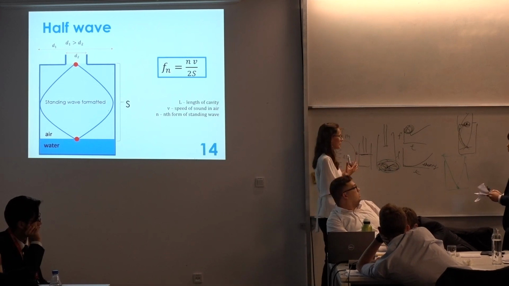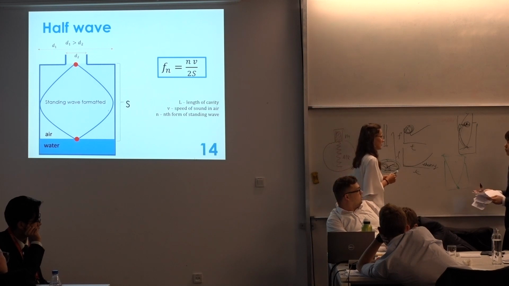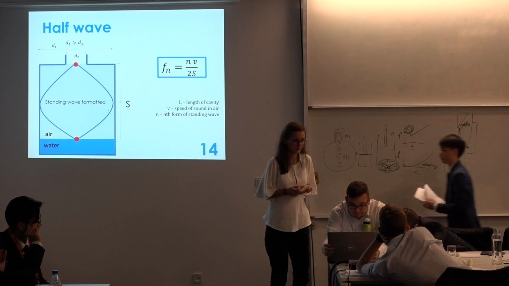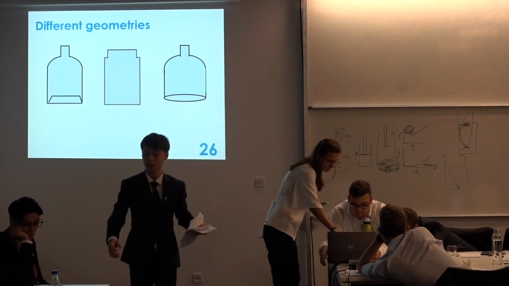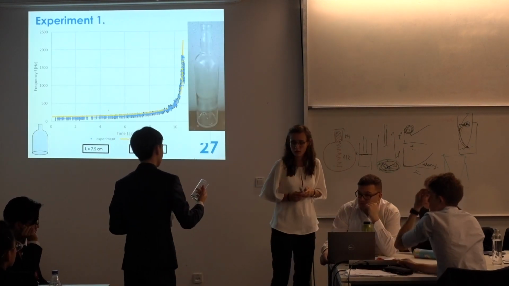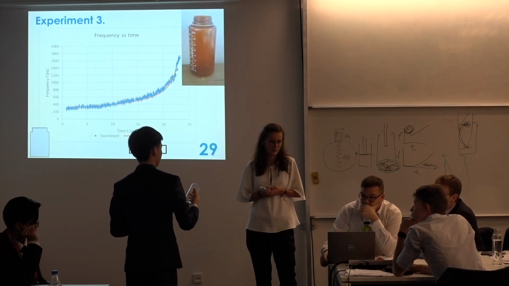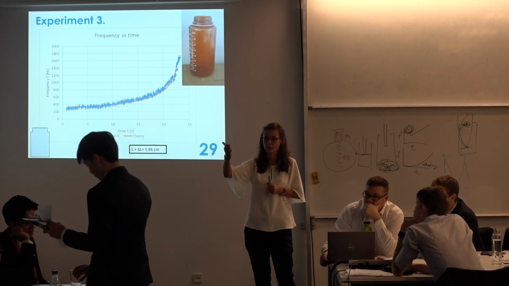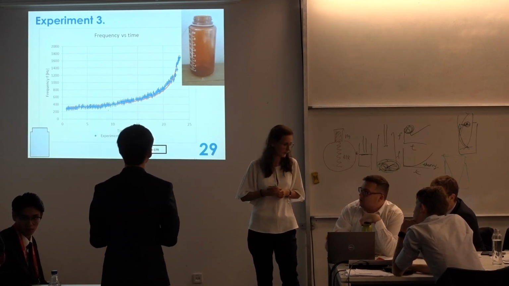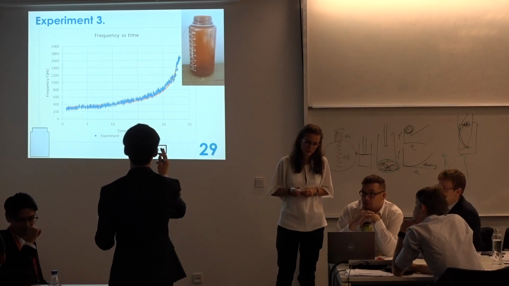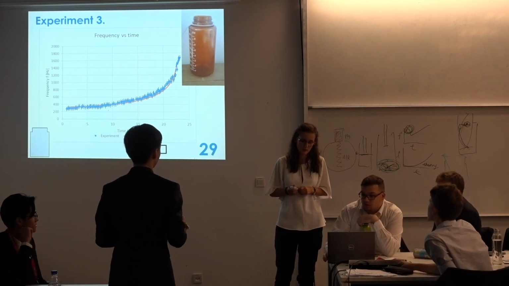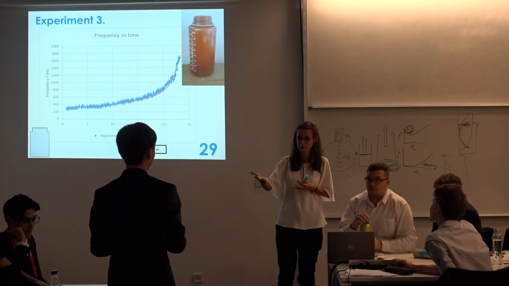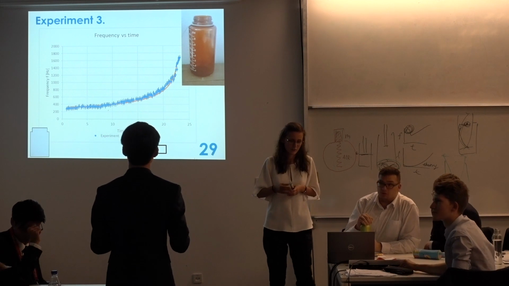Are you asking about end correction? Did you try different shapes of your bottle? Yes, we had a specific one. Did you consider this shape with no neck? That's not a bottle. It's a different situation because there are different forms of standing waves. Did you try the bottle with no neck? You're asking the same question.